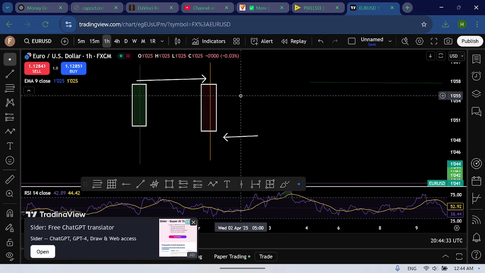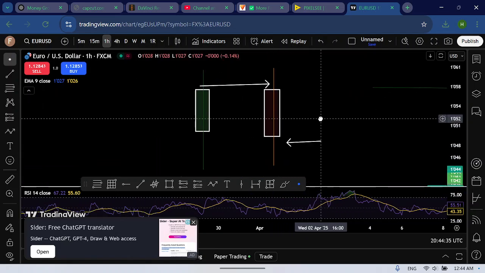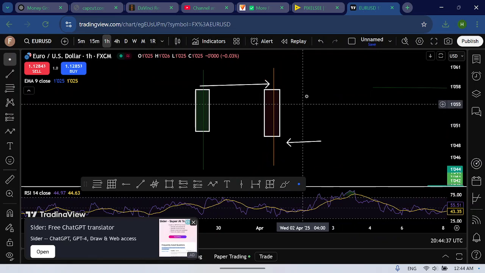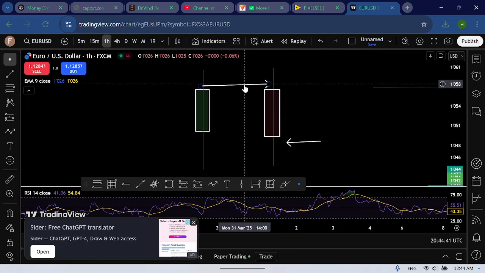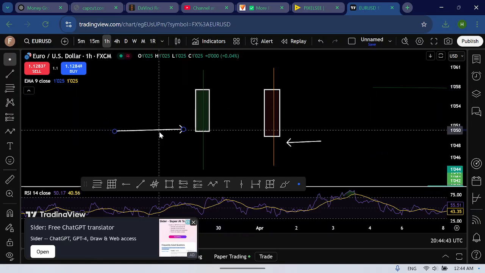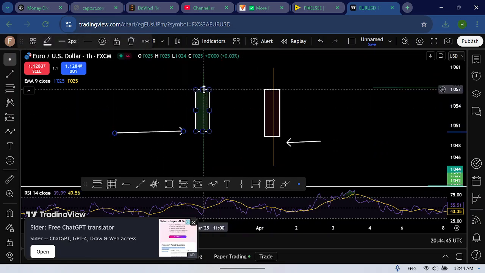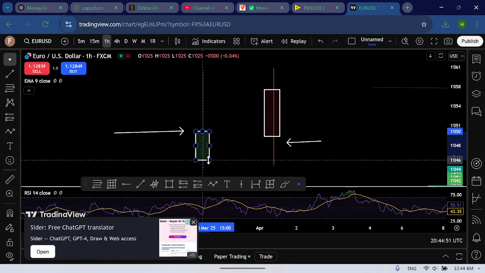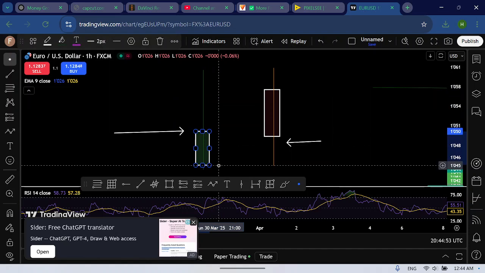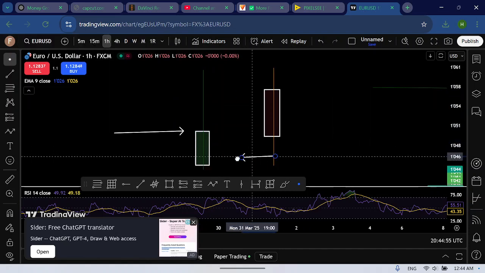Now I'll tell you how it changes color. The green candle opened here, right? After that, imagine the price is going boom boom boom, and if it goes down and closes here, it becomes a red candle.